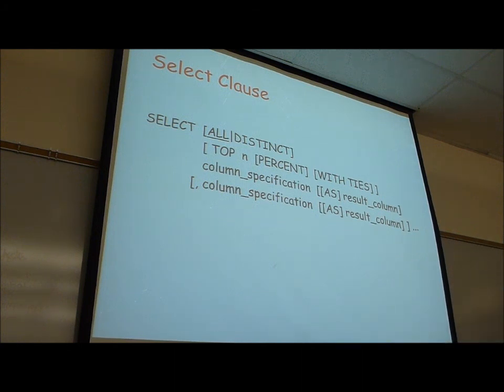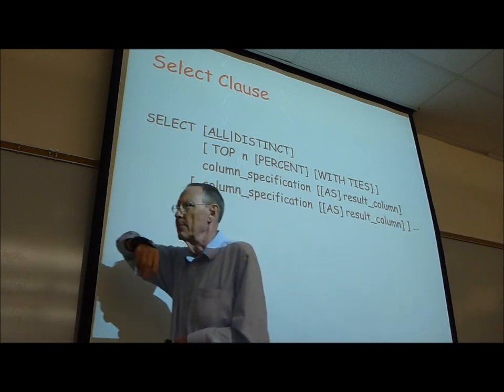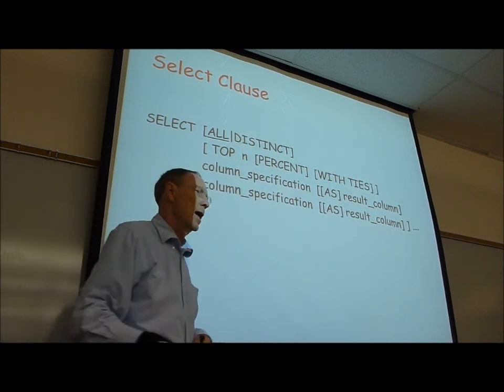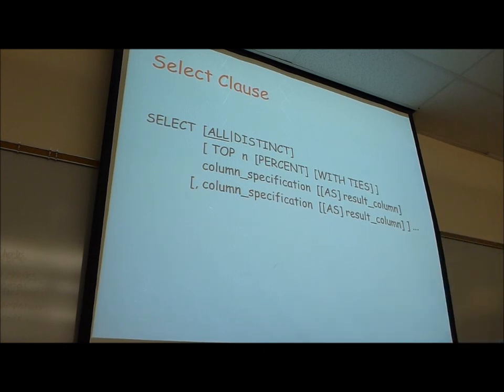If we have repeated values in, say, a column of names, we can eliminate duplicates. We'll look at that. Another thing we can do is, sometimes I'm not interested in everything. I'd like to see the top 5 records or the top 10 records. Or I might want to see the top 10% or the top 20%. We'll look at an example of that.